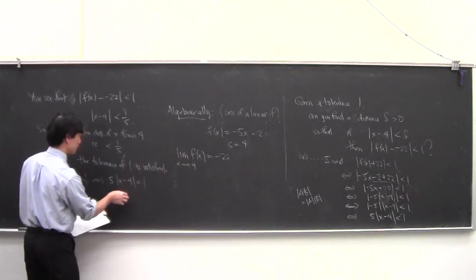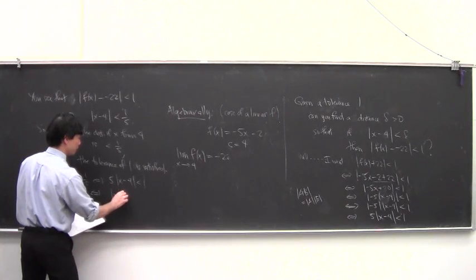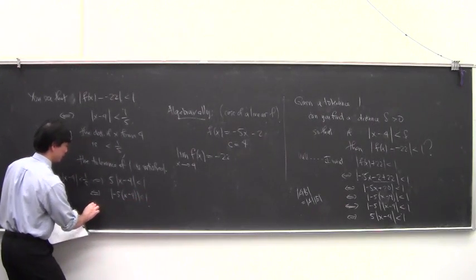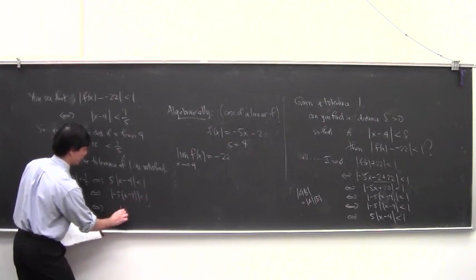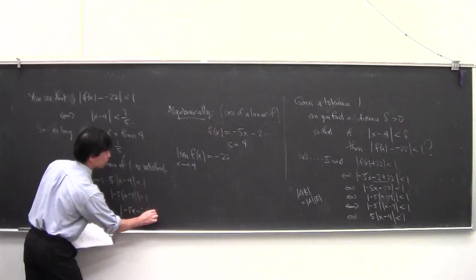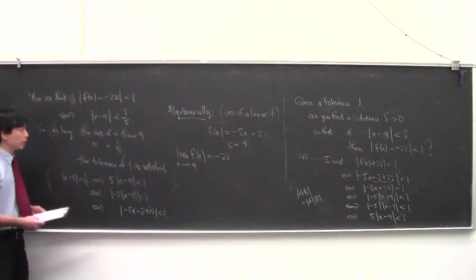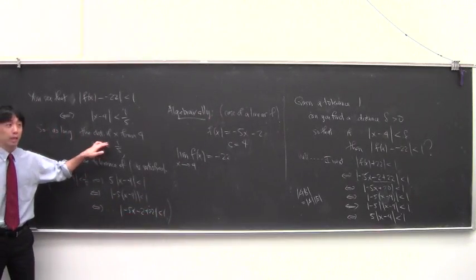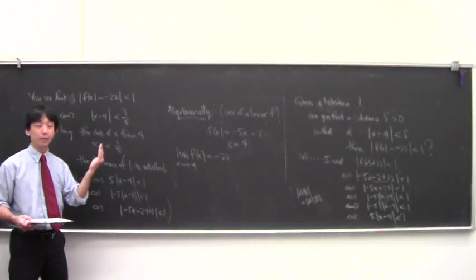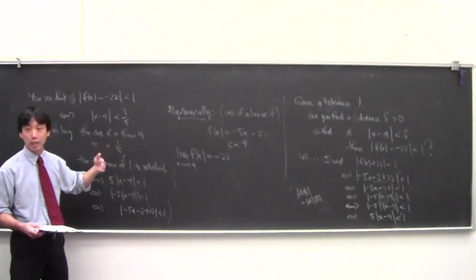I'm just going to go backwards. That's the same thing as saying that the absolute value of negative 5 times x minus 4 is less than 1. That's the same thing as going back, you get negative 5x minus 2 plus 22 is less than 1, which is what you want. Okay, so that 1/5 worked. You say, as long as my inputs stay within 1/5 of 4, my outputs are going to stay within 1 of negative 22.